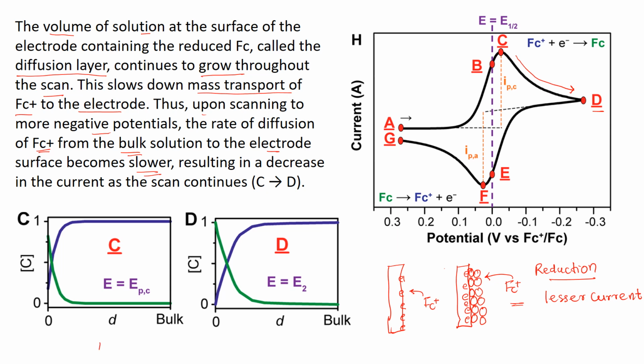Current is nothing but the rate of change of charge Q. So when the rate of diffusion, meaning charge transfer, reduces, the current also will reduce. So resulting decrease in the current as the scan continues from C to D.